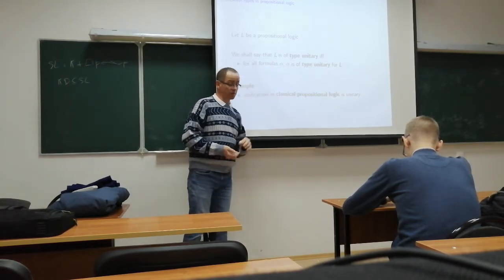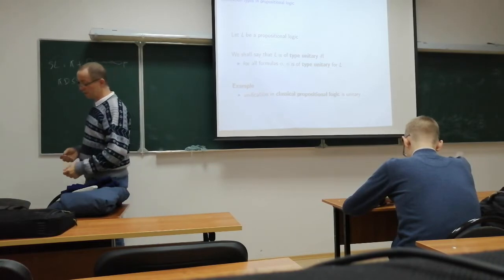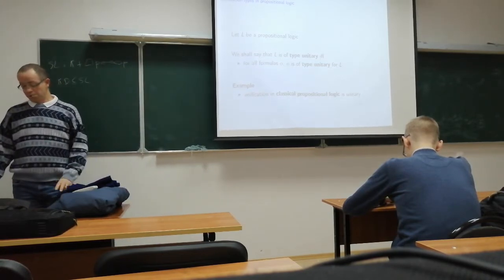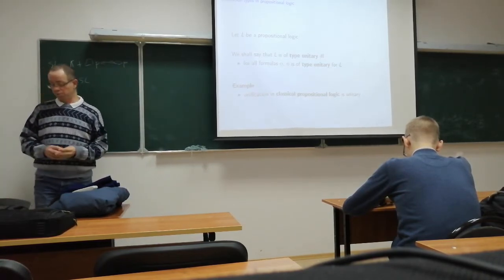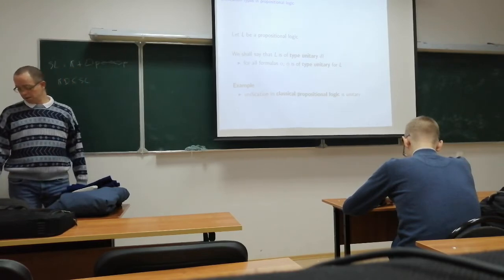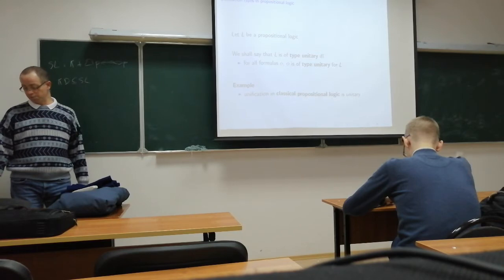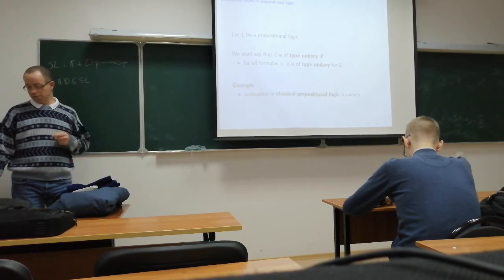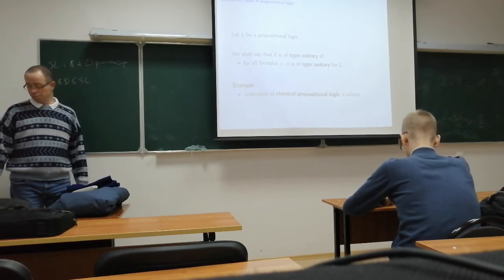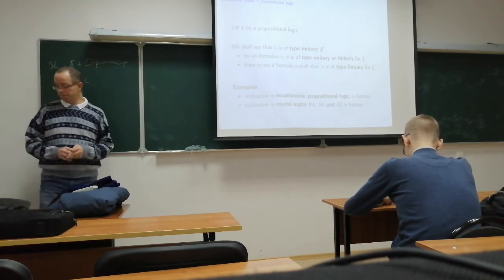For example, classical logic: we have proved last week that classical logic is unitary by means of the Löwenheim substitution, showing that any unifiable formula is projective. It possesses a projective unifier, projectivity being an additional property of substitution.